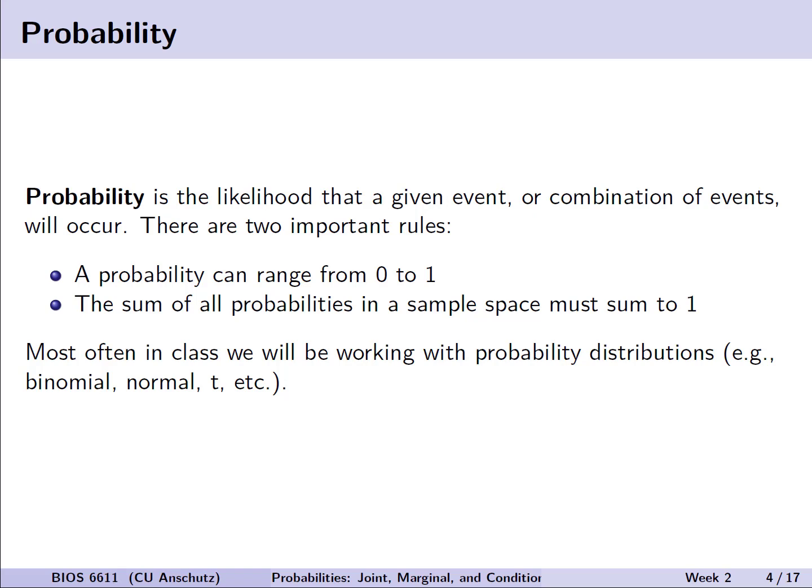Next week we'll be talking about the normal distribution a lot, but we'll also introduce things like the t-distribution, and we'll see the chi-squared, exponential, and so on throughout the semester as well. The nice thing about the named distributions is that they already meet these two important rules, and have known properties that we can take advantage of more easily.